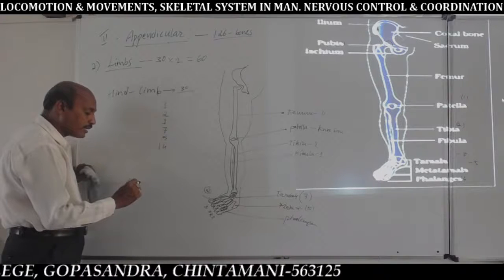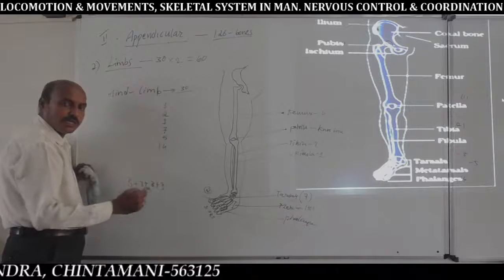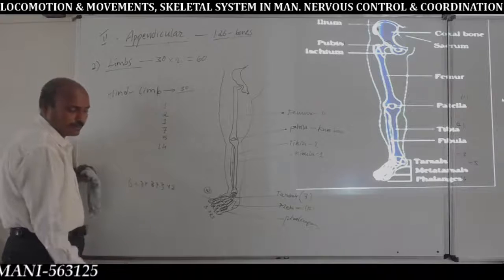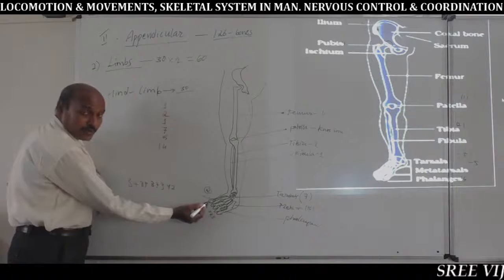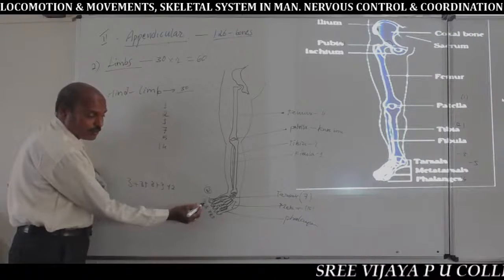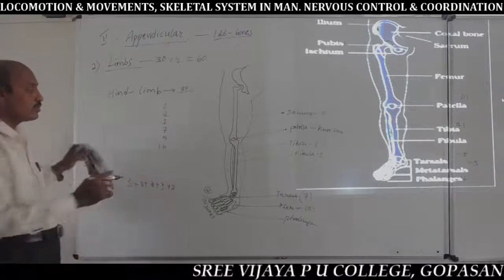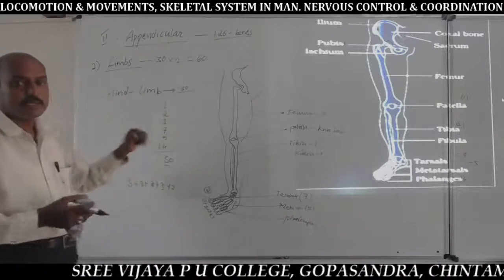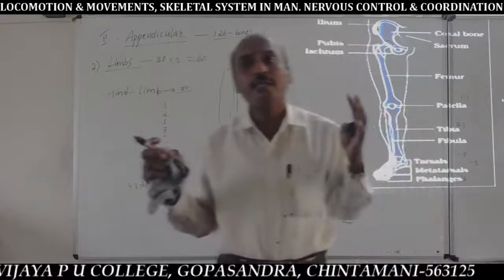So totally 30 bones are present in each hind limb.